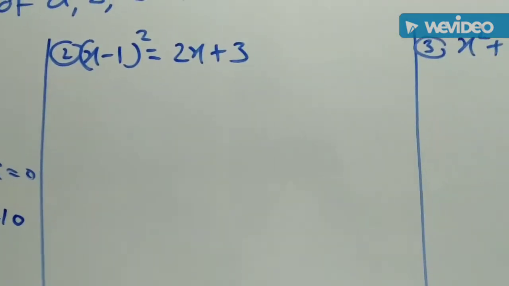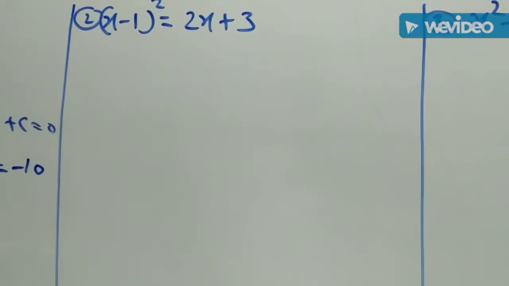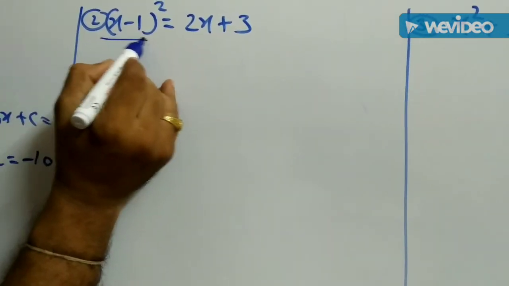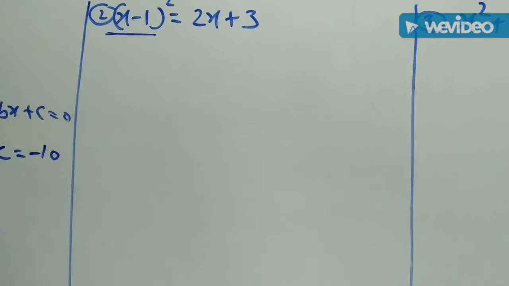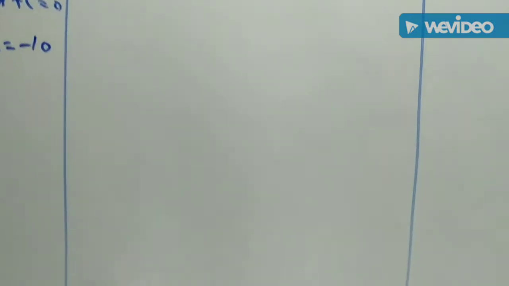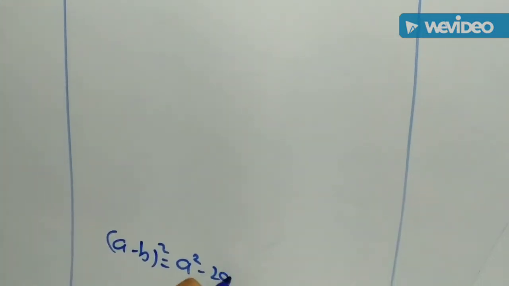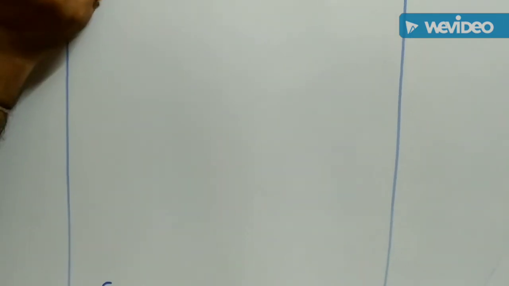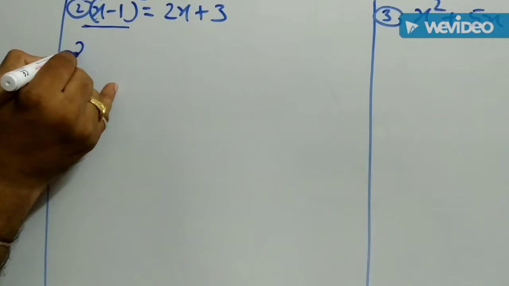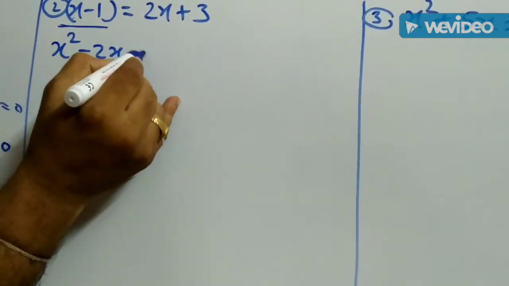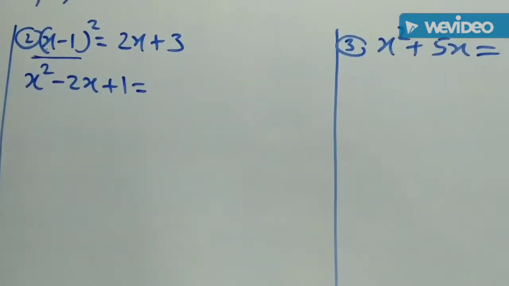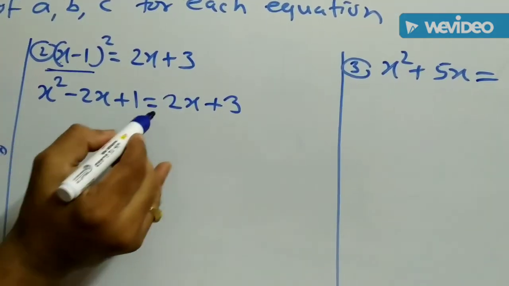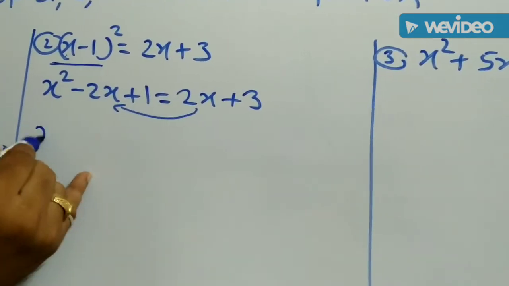Then second example is given, (x - 1) bracket square is equal to 2x plus 3. Firstly, we have to solve this bracket by using the formula (a - b) square, that is a square minus 2ab plus b square. Now solve this (x - 1) square, that means we get x square minus 2x plus 1 on solving this bracket, then is equal to 2x plus 3. Now this 2x gets converted to minus.